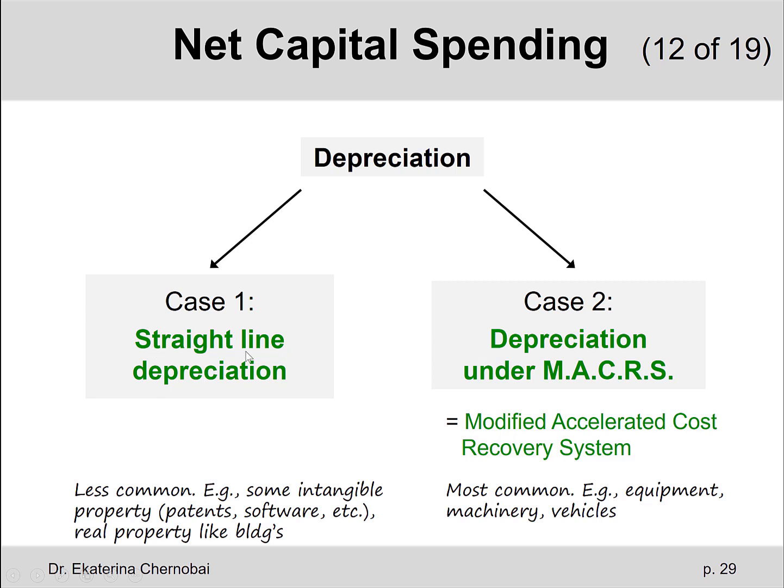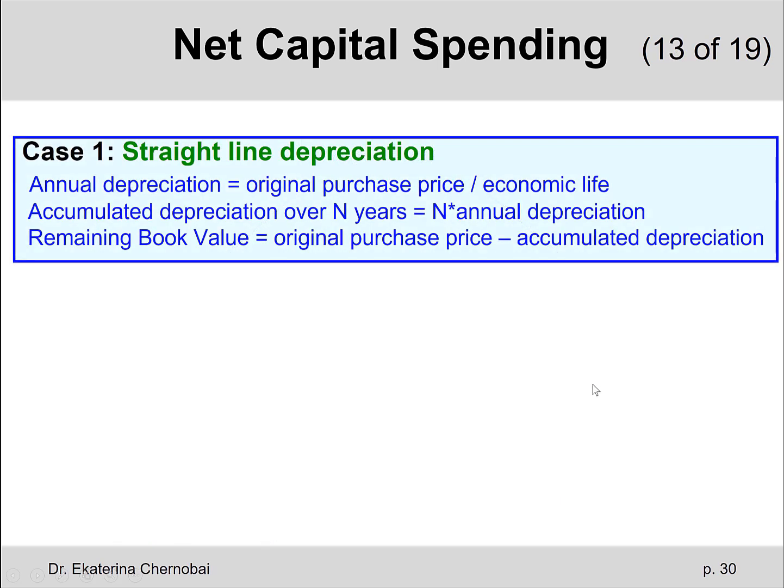What depreciates according to the straight line depreciation? Buildings and intangible properties such as patents, software. Everything else like equipment, vehicles, they follow the MACRS. Now let's see how the two compare. Let's start with the straight line depreciation.